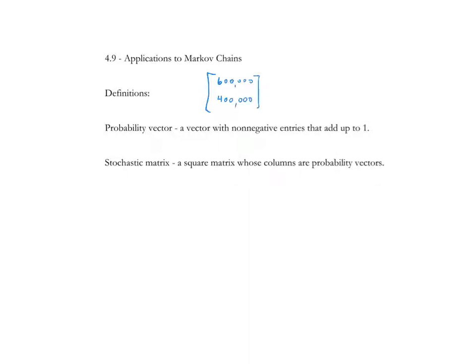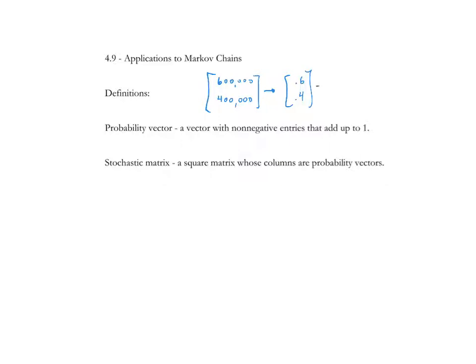Well, in this section, we're going to look at that vector a little bit differently. If you divide each entry by the sum, a million, you get 0.6 and 0.4, or 0.60 and 0.40, or 60% of the population is in the city, 40% in the suburbs.